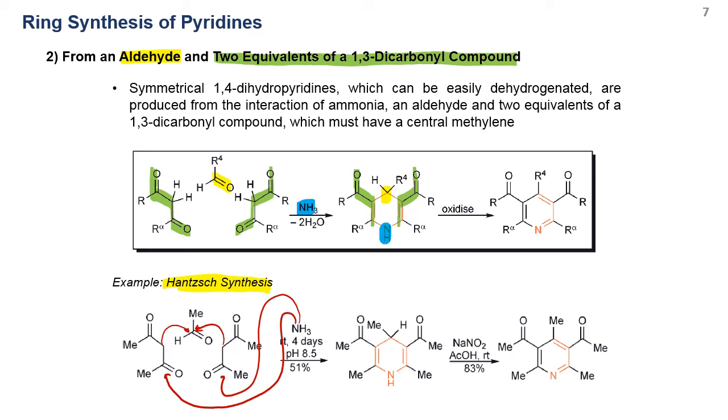So you can try to draw out the mechanisms by yourself. And after formation of this Hantzsch ester, the intermediate here can be easily oxidized by, for example, sodium nitrite to generate the pyridine.